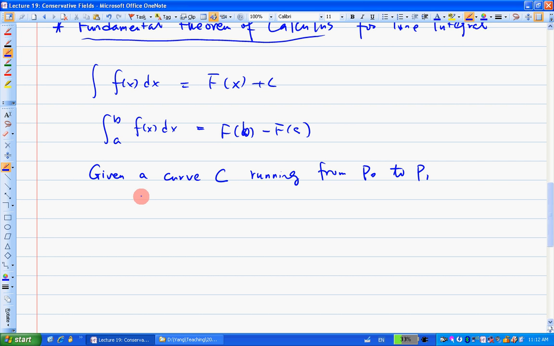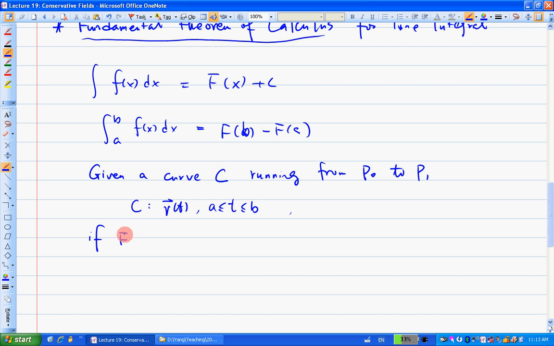And let's say I indicate C using a parametric equation r of t, then t ranges from A to B. Which means at t equal to A, you are at the P0 point, and at t equal to B, you're at this P1 point.